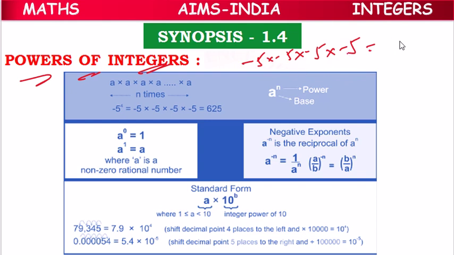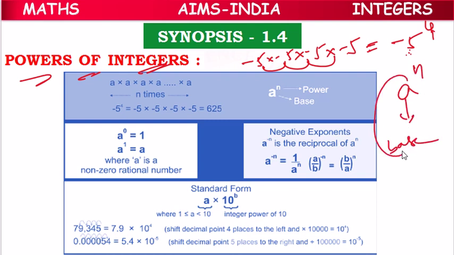At that time, we can write it as minus 5 to the power of 4, which is in the form a to the power n, where a is considered as the base and n is considered as the power. The product of integers can be written in terms of base and power.